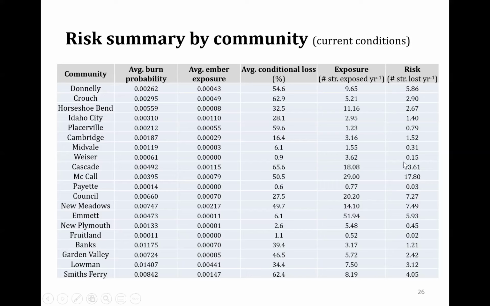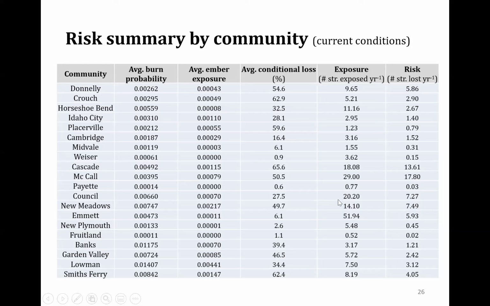So here we can understand the role of the fuel treatments in the home, the role of the factors describing the conditional loss, because there's not a direct correlation between exposure and risk, and this will depend on the local conditions for the home ignition zone.